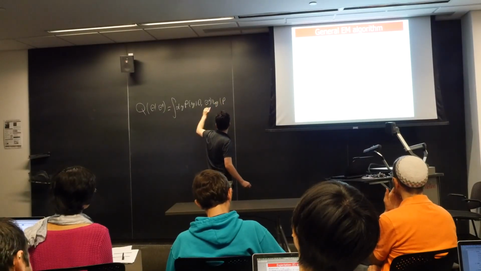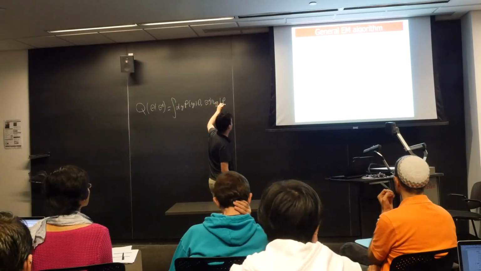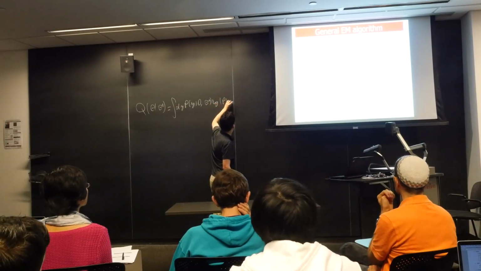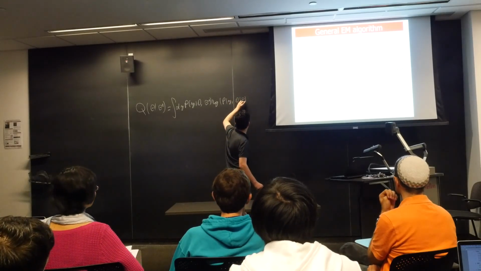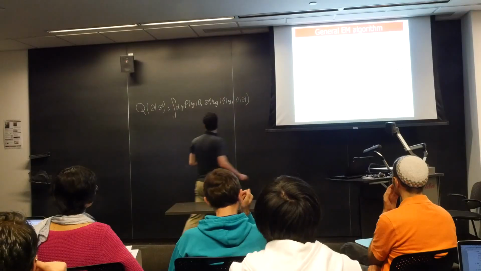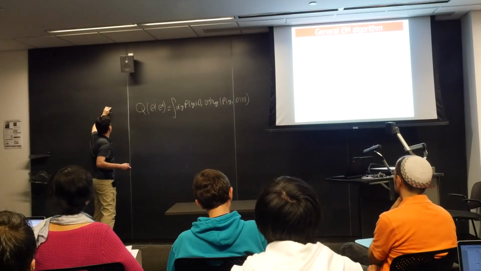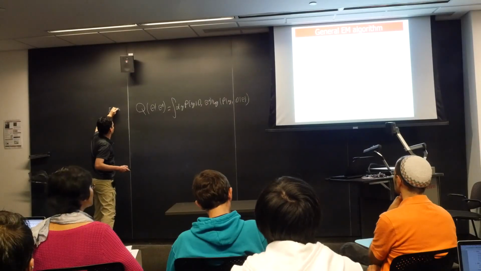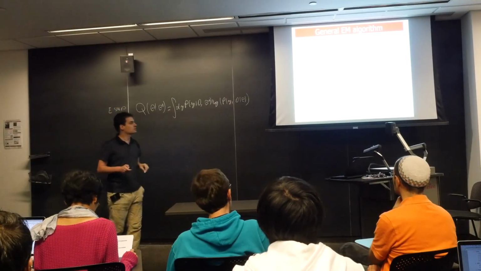So this is the posterior of y, and I want to calculate the expectation of log p of y, the data, given parameters theta, and that's it. So this is the Q function. So this is the E step. So let's see how this Q function looks like for the mixture of Gaussian case.